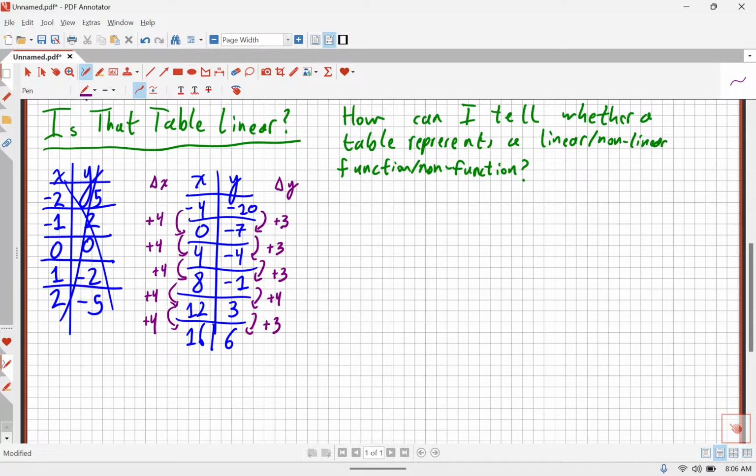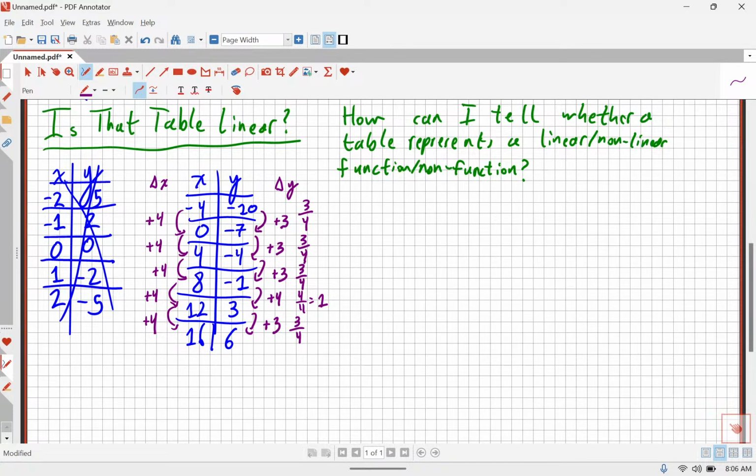This is nonlinear because the change in y over change in x fraction here is 3/4, 3/4, 3/4, 4/4, which is 1. In order for it to be linear, it has to be the same thing over and over. That's right. It has to have the same change in y over change in x every time. If the change in y over change in x is ever different, we know it's not linear.